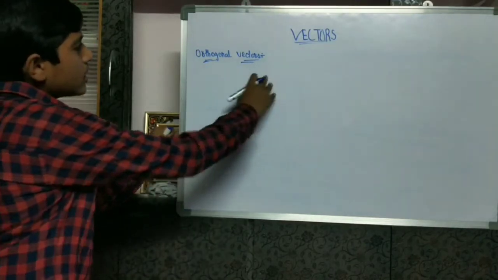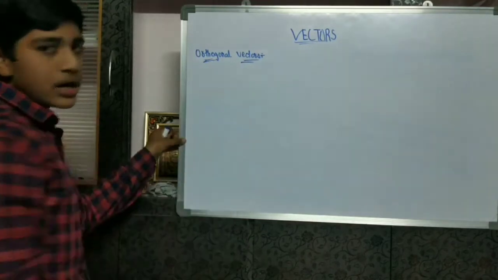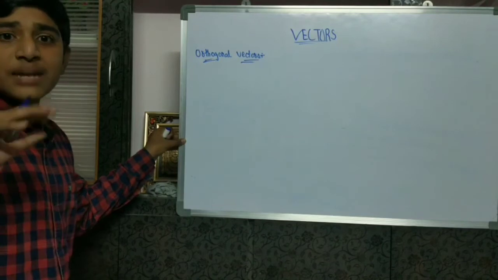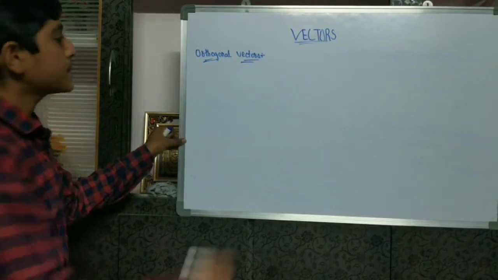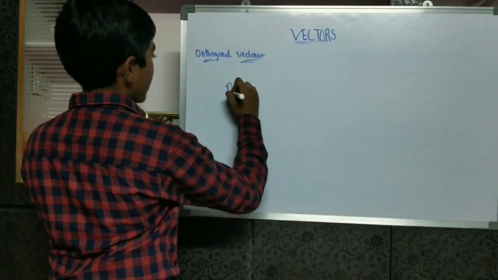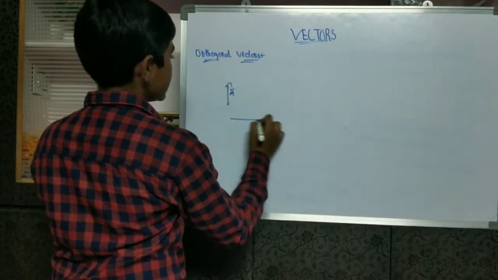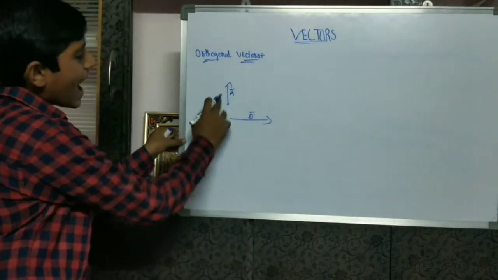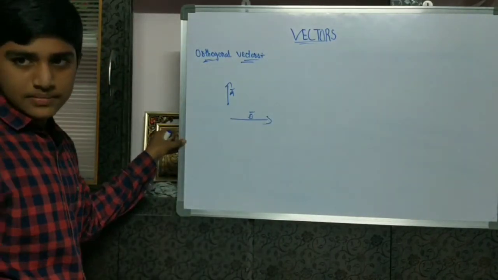Before learning about orthogonal vectors, first we need to learn how to find the angle between two vectors. If this is a vector a bar and this is another vector b bar, what is the angle between these two vectors?